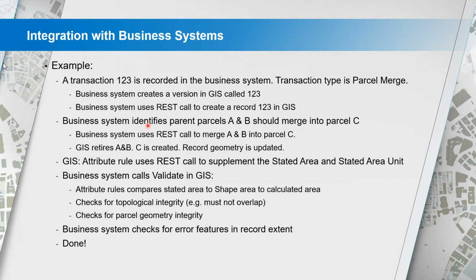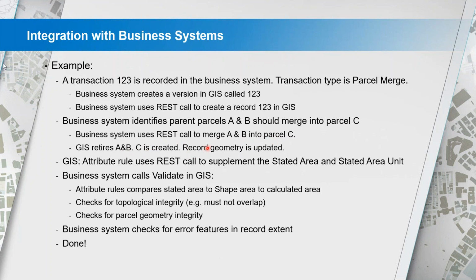So the business system identified that the parent parcels A and B should be merged into parcel C. Again, it would use the REST API to call a merge of A and B into parcel C. So automatically the GIS will take A and B, retire them, C is created, and the record geometry is updated.